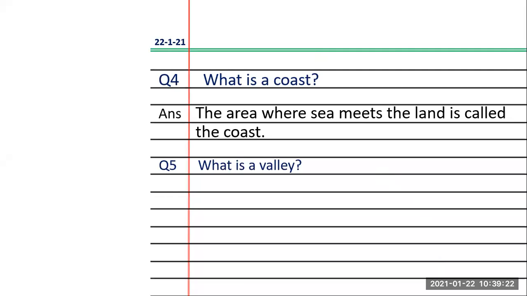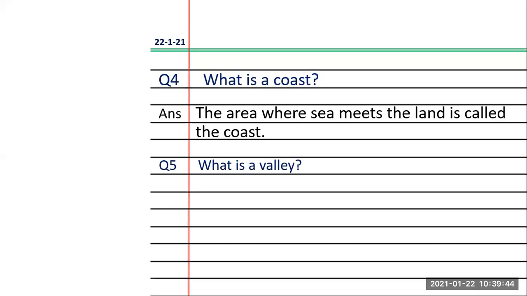Very good. Everybody's so active. Write down the next question over here. That is question 5. This was question number 4 because 3 of the questions we had done in our last class. What is a coast? The area where sea meets the land is called the coast.